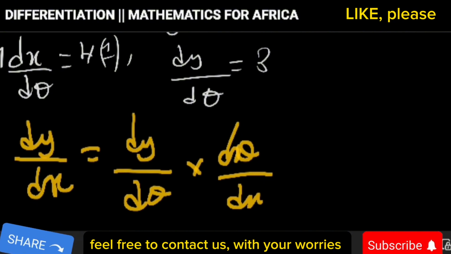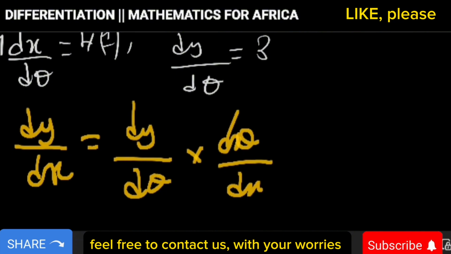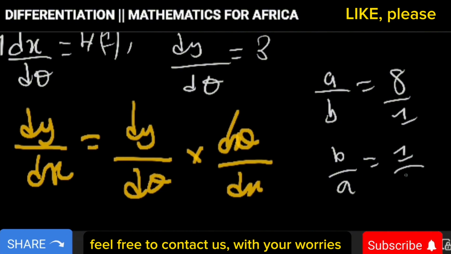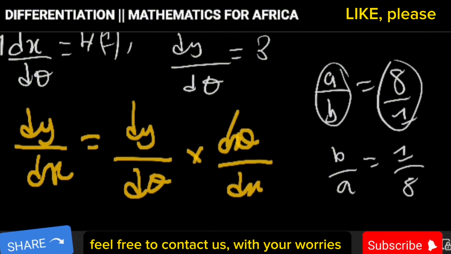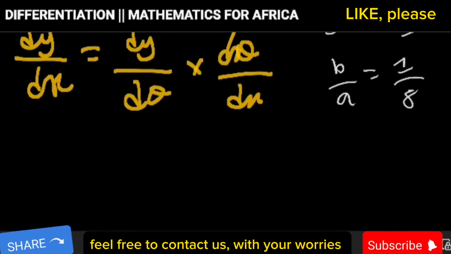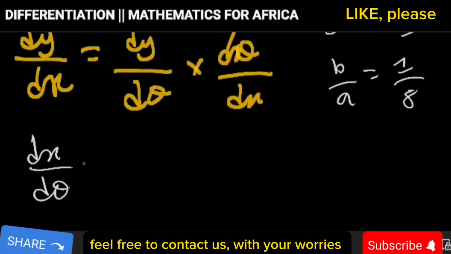In other words, if I say a on b equals 8, then what is b on a? I can call this 8 on 1. What I will do is invert this. B over A will be equal to 1 over 8. When you invert this, you invert this. So what we are going to do is simply say that our dx on d theta, which is equal to 4, is 4 on 1.